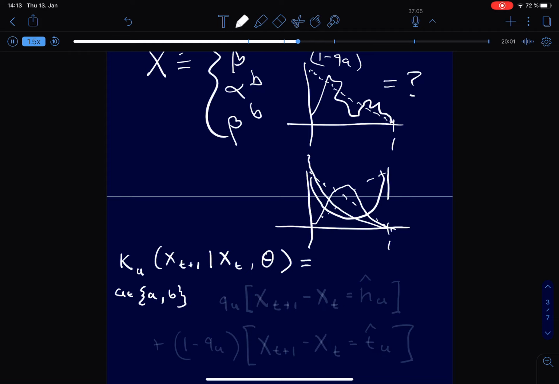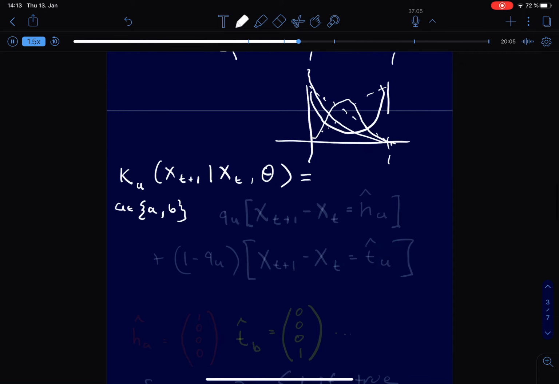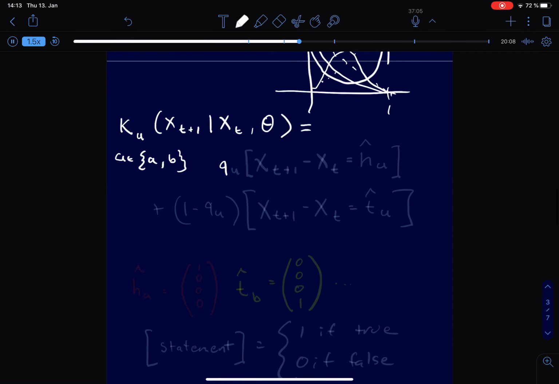so I'll introduce some notation here. First we have the probability of q, the probability of a heads, times this function, which is 0 or 1. It's basically a Kronecker delta. It's called an Iverson bracket.